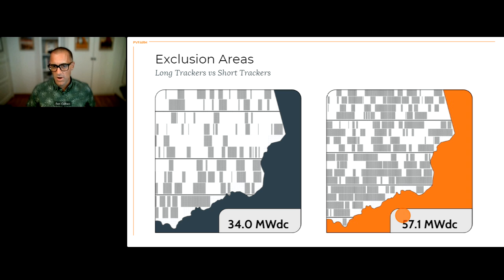Obviously, with the shorter trackers we're going to have more piles, more connections, lots of things going on with that design. So we're likely to see some cost trade-off, but it's just one example of what happens when we look at arranging different types of equipment.